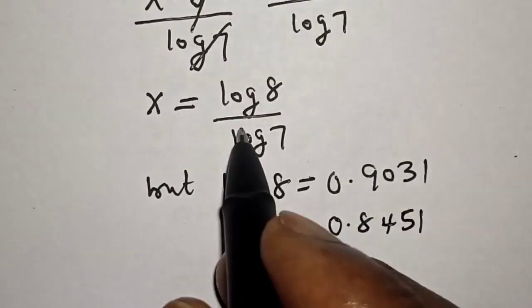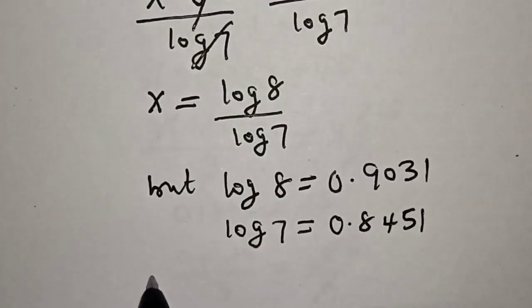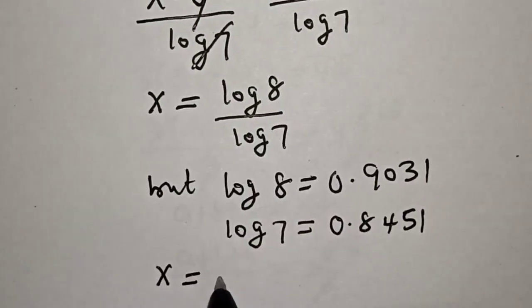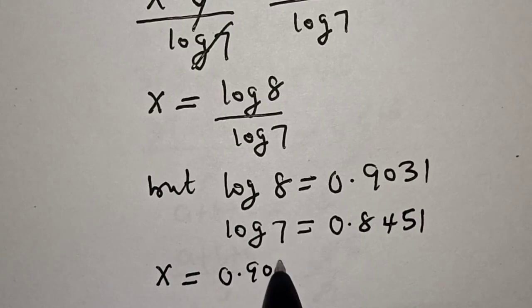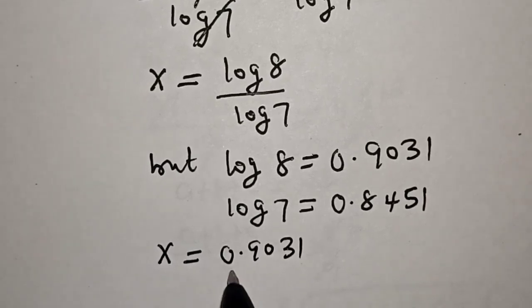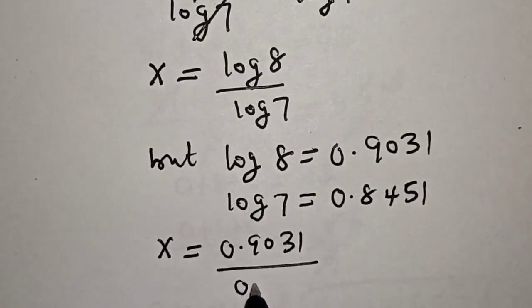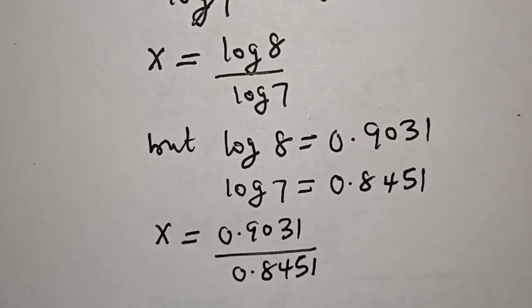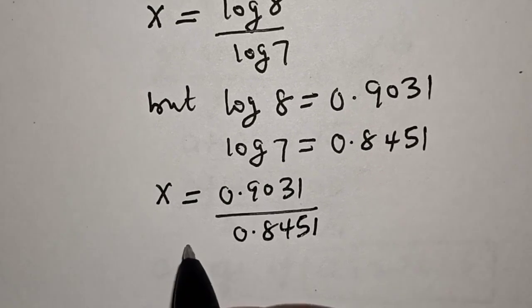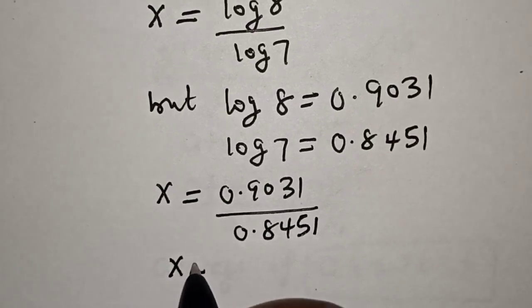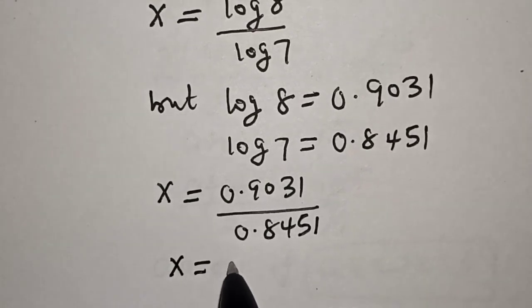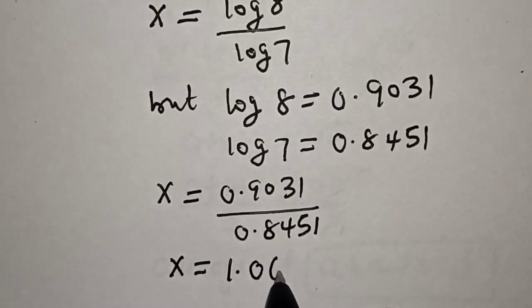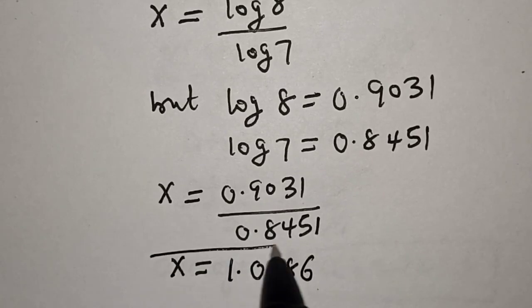Now log 8 over log 7 is s, so s is equal to 0.9031 divided by 0.8451, and s is equal to 1.0686. That is the value of s.